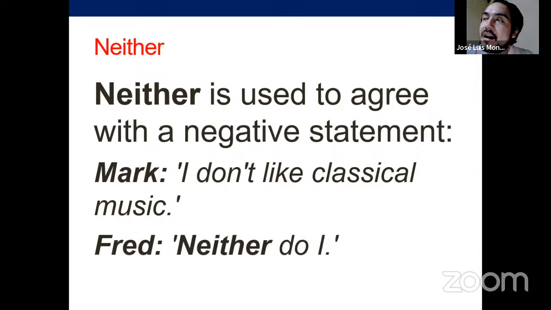If I say, "I didn't read that announcement," what can you reply to that? Neither did I. Correct. You see the auxiliary is in negative, but "neither" is negative, so don't say "didn't," you say only "did." Correct. What you said is perfect.